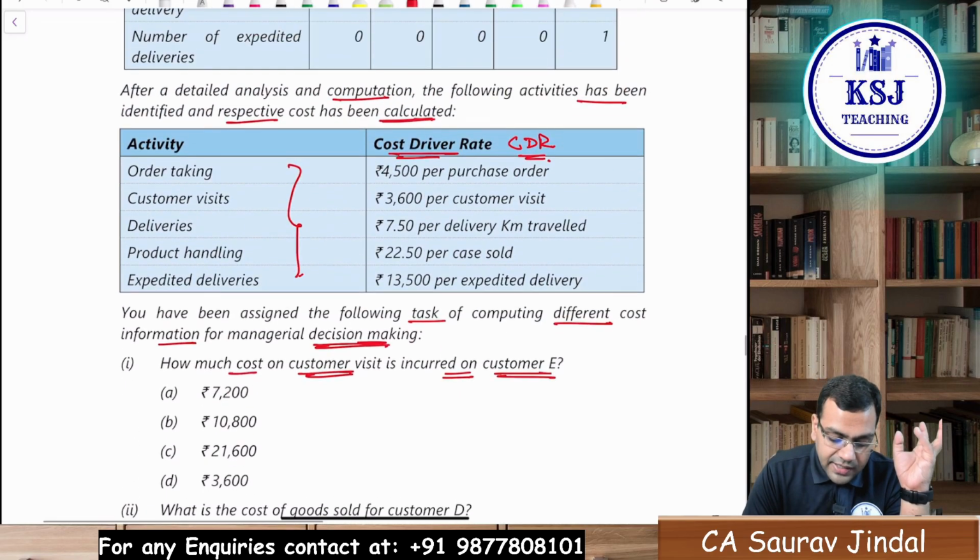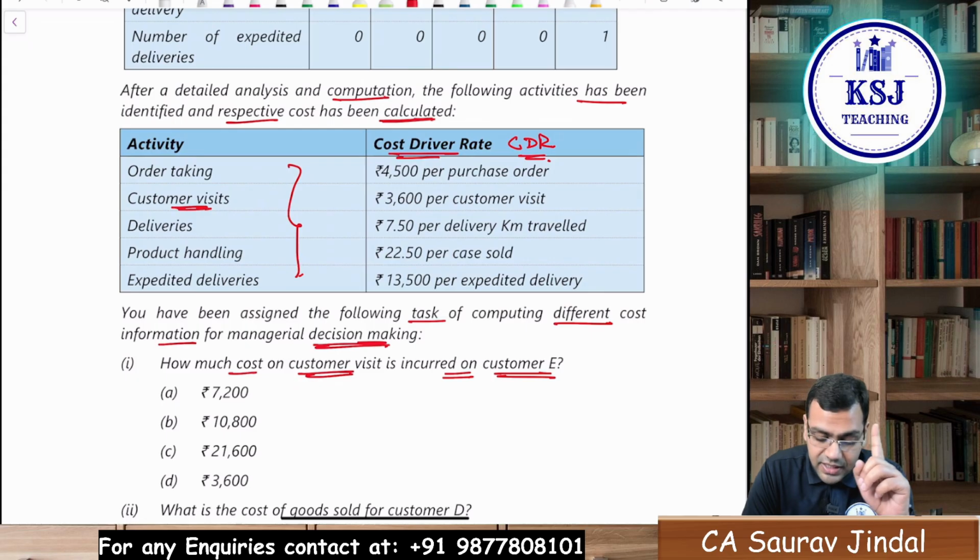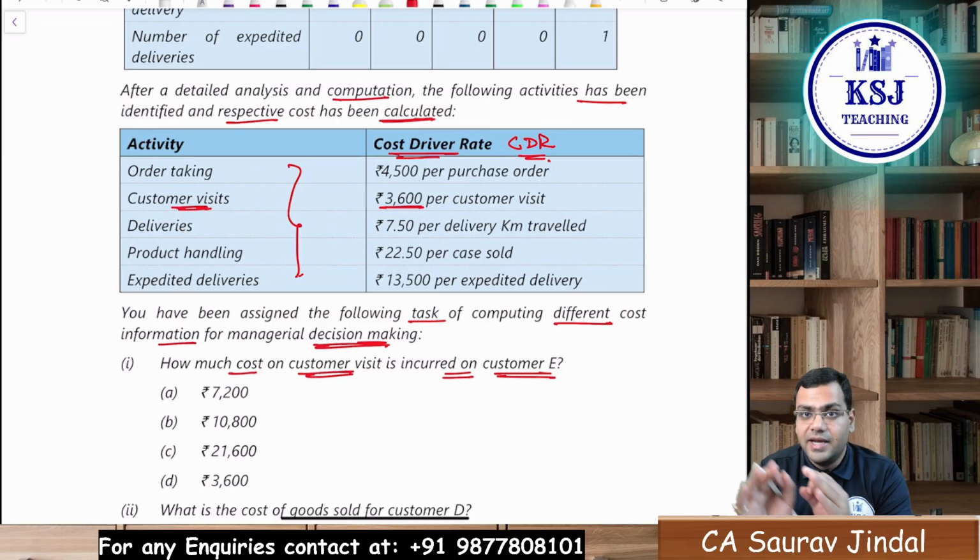Now, if you look at the customer visits, the CDR says for every customer visit, there is an overhead cost of rupees 3,600. The CDR tells you what? The CDR tells you that for every 1 unit of that activity, what is the overhead cost being incurred? So I am saying that for every one customer visit, the cost being incurred is rupees 3600.